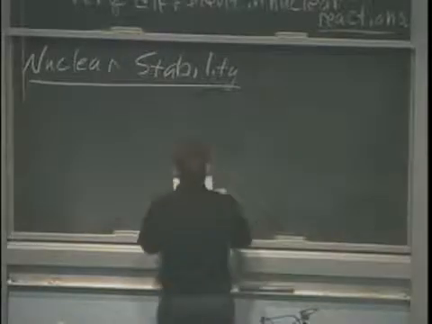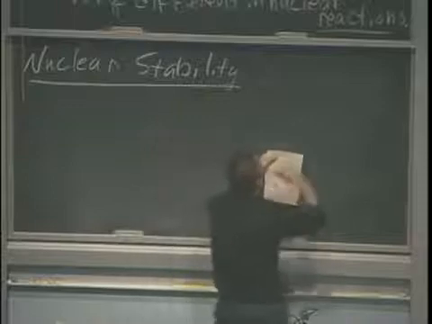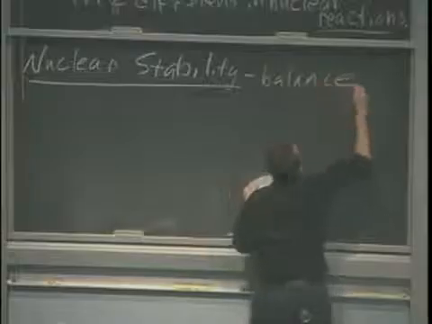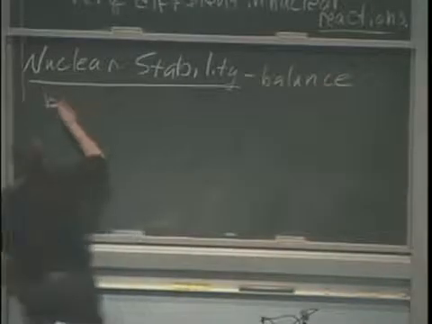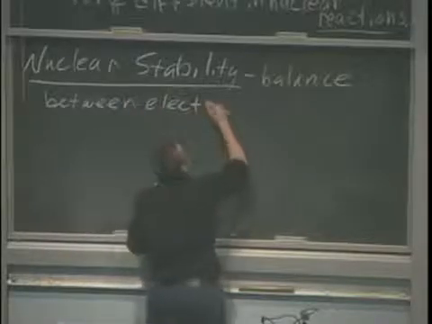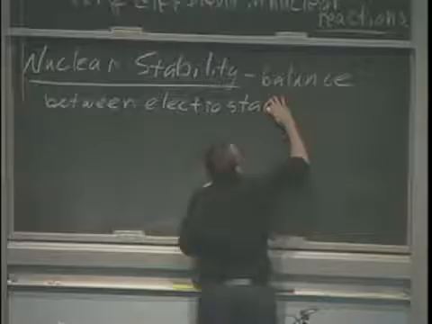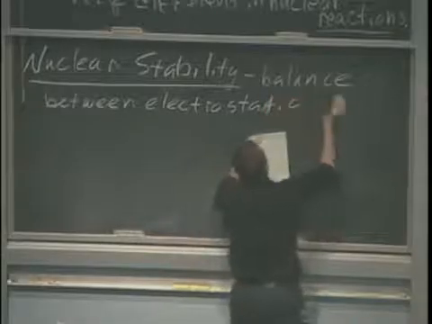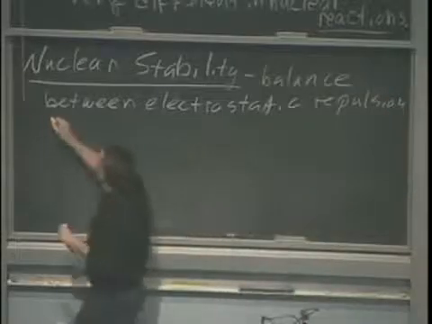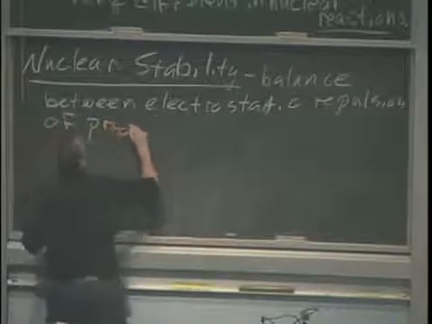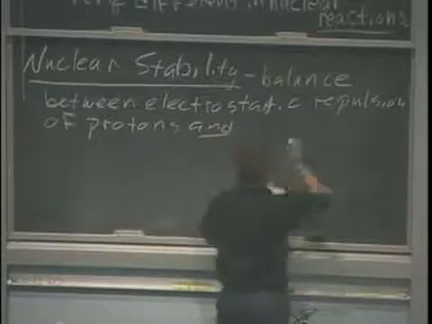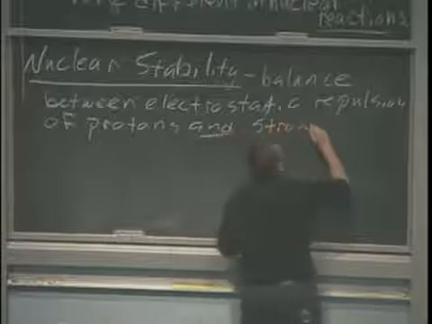So nuclear stability just implies there's a balance between the electrostatic repulsion of the protons and the strong force attraction between all the nucleons.